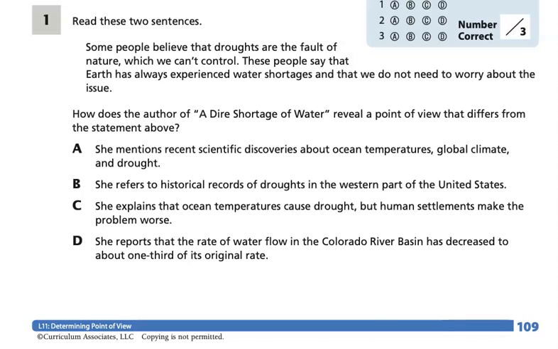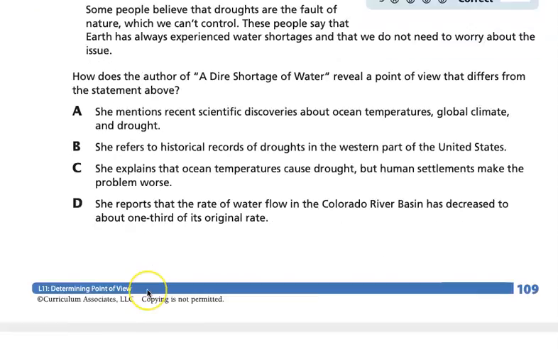B. She refers to historical records of droughts in the western part of the United States. C. She explains that ocean temperatures cause drought, but human settlements make the problem worse. D. She reports that the rate of water flow in the Colorado River Basin has decreased to about 1/3 of its original rate. Please pause the video as you make your selection.